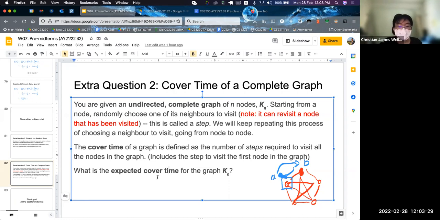That problem is called the coupon collector problem. The coupon collector problem says that you randomly choose a coupon with replacement until you get all the possible coupons. If you think carefully about this question, you can imagine that the coupon, so let me write it down, coupon is the nodes.